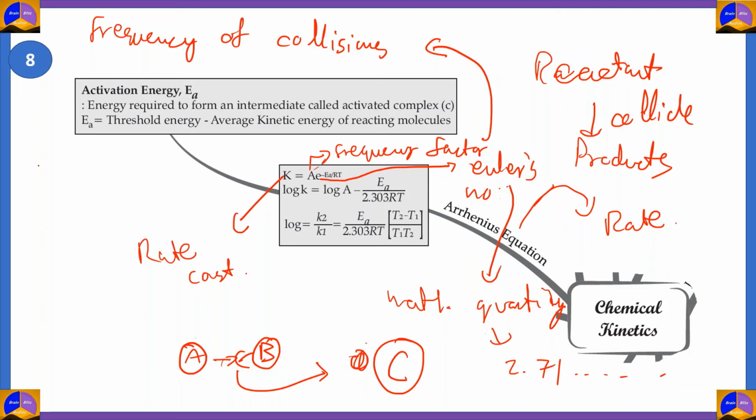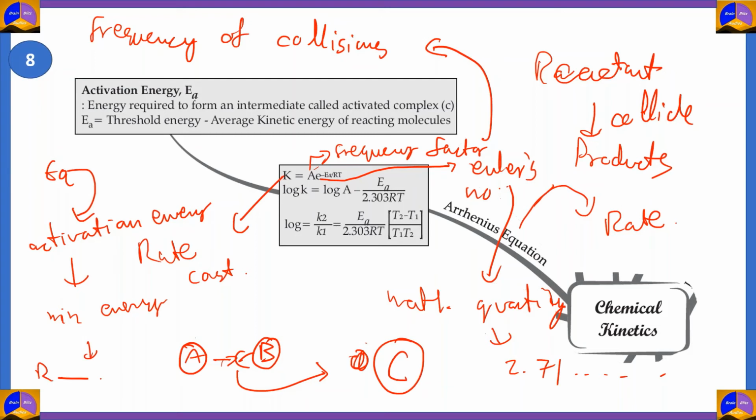Now, EA is referred to as activation energy. This is the minimum energy required to convert reactants to products. The minimum energy to which a reactant must be heated in order to at least form an unstable intermediate or the product is known as activation energy.